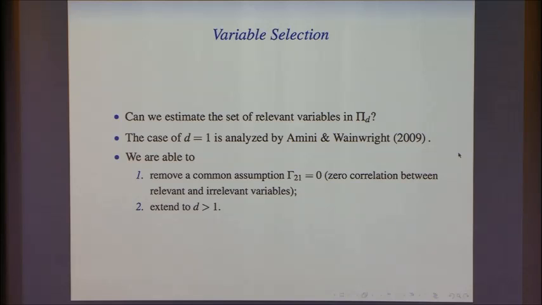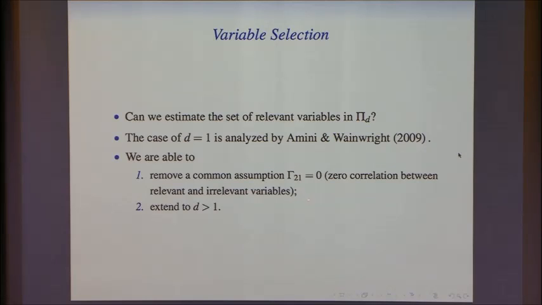So our result will focus on the Fantope. We were able to do two things. First, we are able to remove a common assumption which has always been there in previous work on variable selection in PCA: the diagonal part of the noise matrix no longer has to be 0. It just needs to be bounded by something.